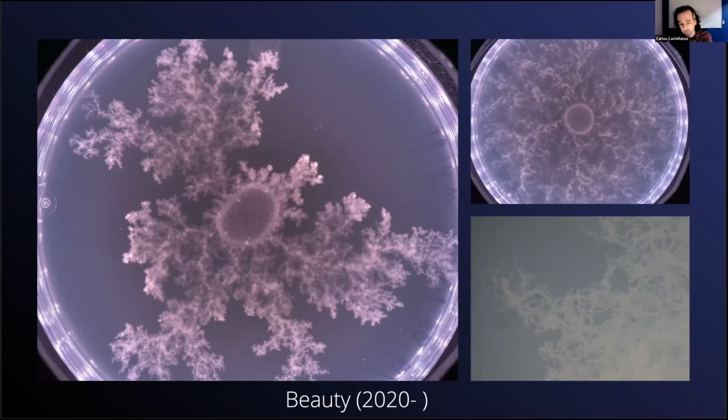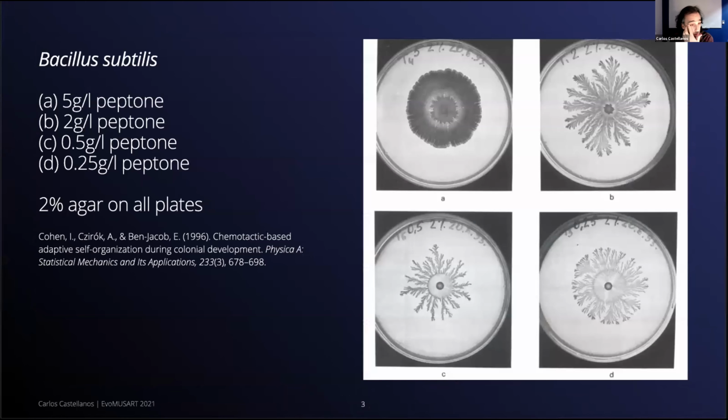And other things as well. We're looking at transforming them so they can generate different colors too. So you can think of the AI as a film director or a painter that's altering these bacterial growth patterns.